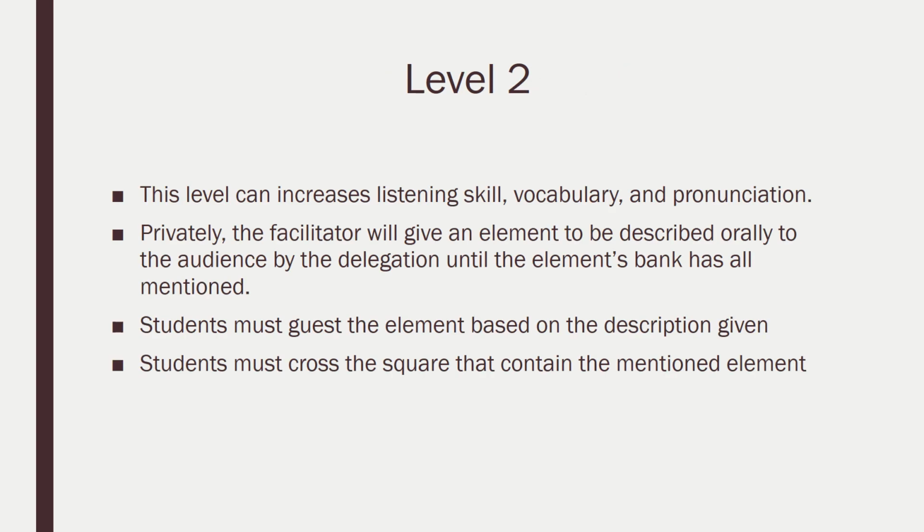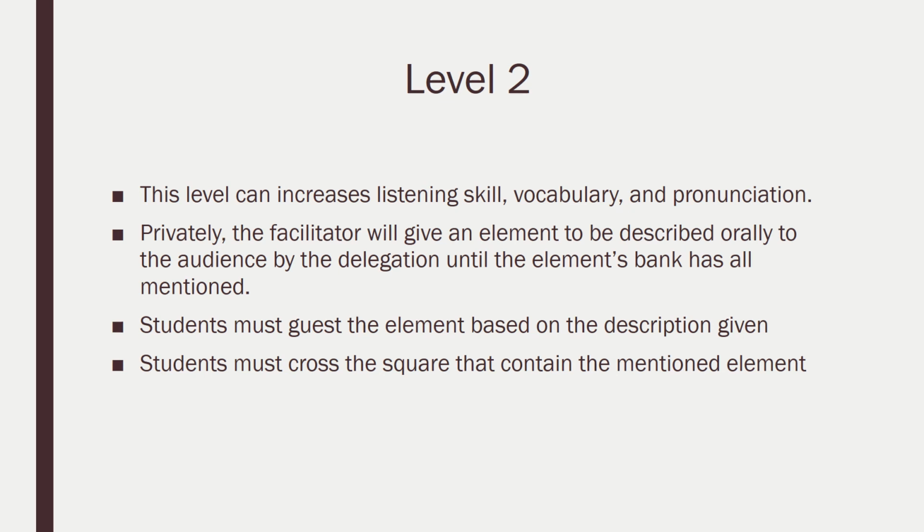Level 2. This level can increase listening skill, vocabulary, and pronunciation. Privately, the facilitator will give an element to be described orally to the audience by the delegation until the element bank has all been mentioned.